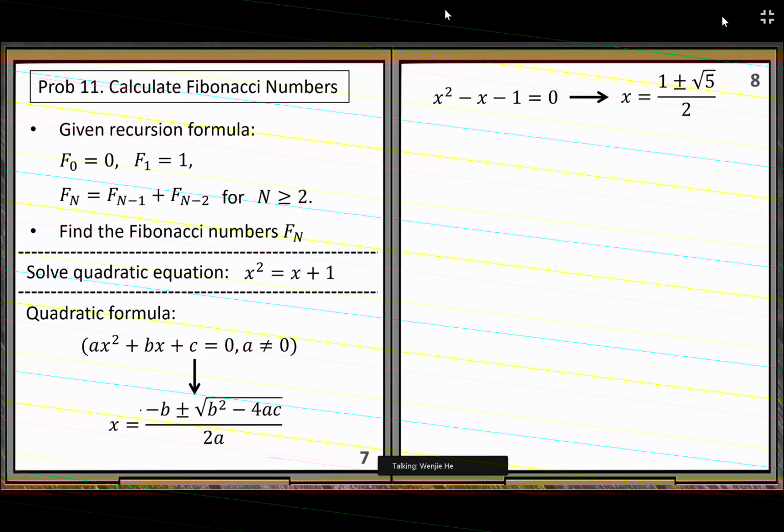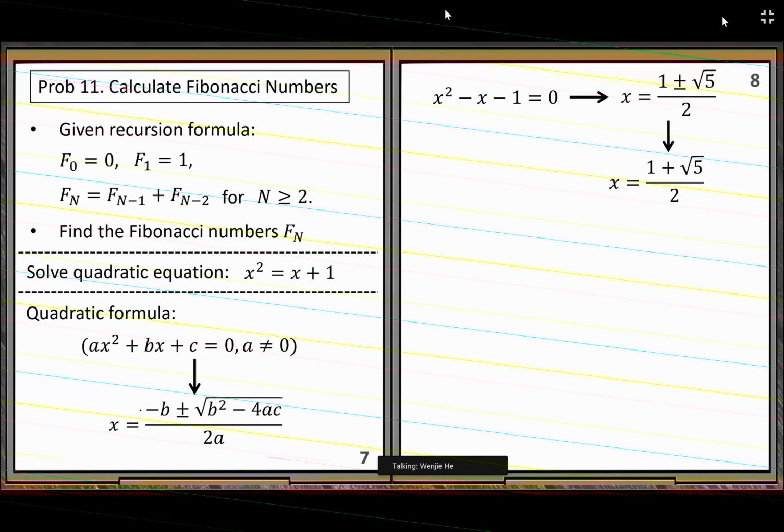After we go back to our original question, we only take x, that special ratio, a over b, which should be (1 plus the root of 5) over 2.